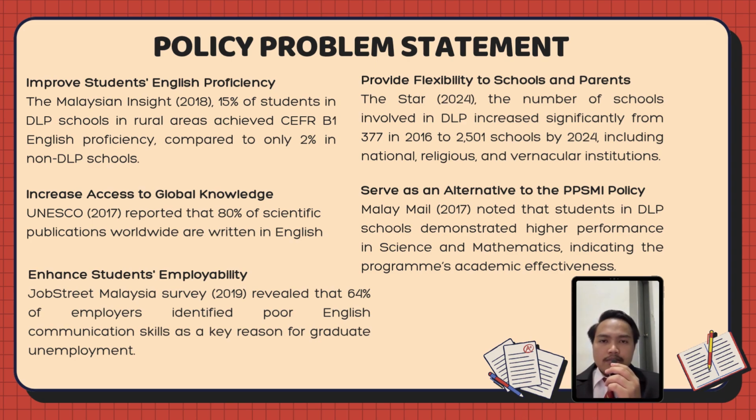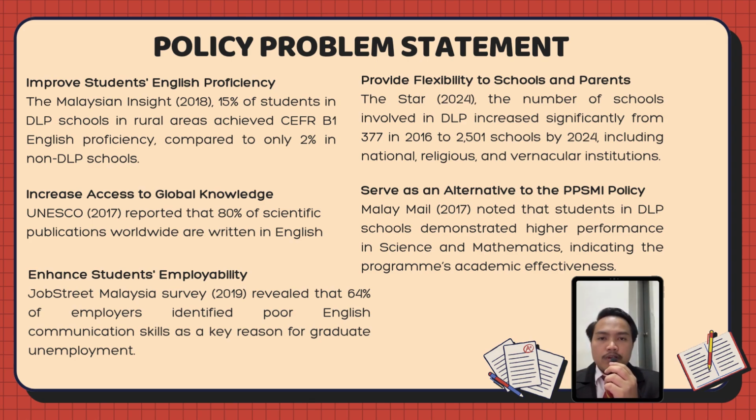With this policy, students can develop not just academic literacy, but also the confidence to communicate in English, giving them a competitive edge in their careers, both locally and globally.